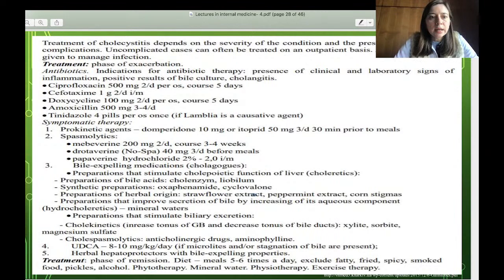Next, bile expelling medication, preparations that stimulate the cholepoietic function of the liver.